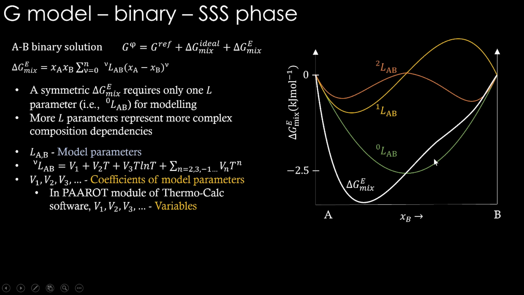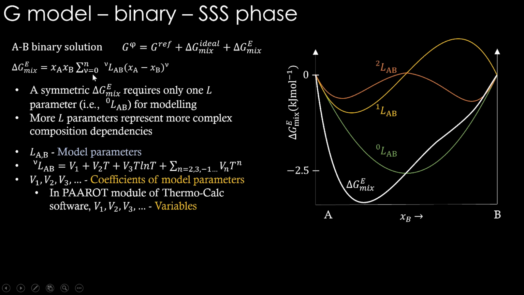For example, in this figure, this white line is the actual excess Gibbs energy of the phase, and that can be modeled using 3 different L parameters. Addition of all 3 will give this particular Gibbs energy of the phase. Accordingly, there will be different composition dependencies coming here. Xa minus xb to the power 0, 1 and 2 will be multiplied with this term, and xa xb will anyway be multiplied with all of them.